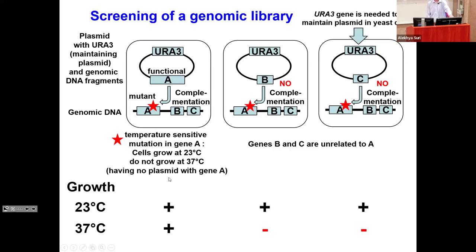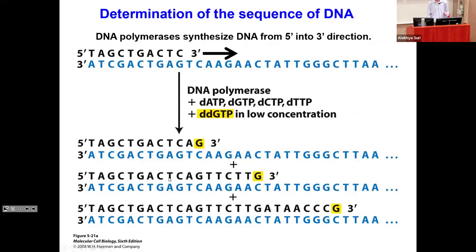Now you have this gene A identified. Next step, all you know is you have the DNA fragment, but you don't know what it is. Here comes in DNA sequencing.